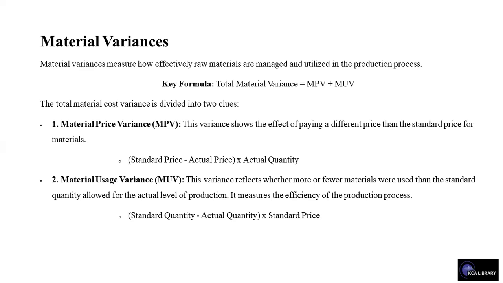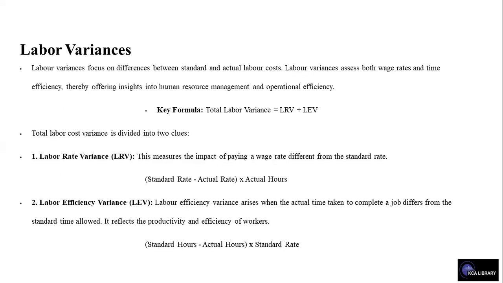MUV is the material usage variance, which reflects whether more or fewer materials were used than the standard quantity allowed for the actual level of production. It measures the efficiency of the production process.